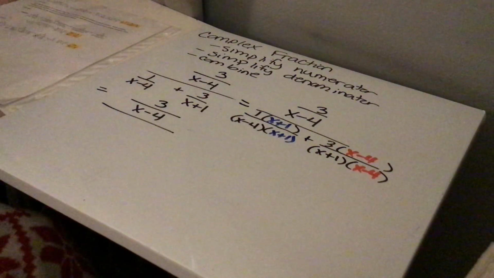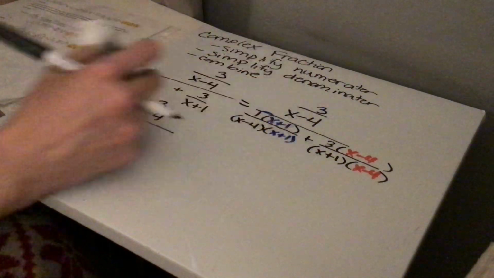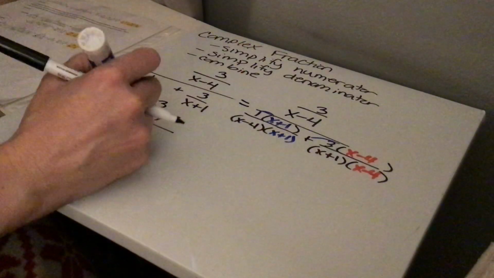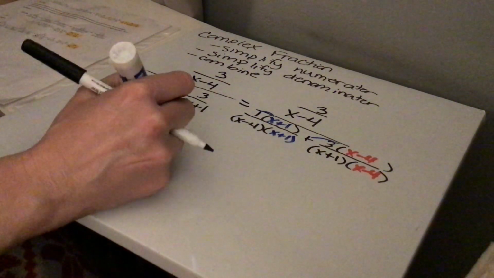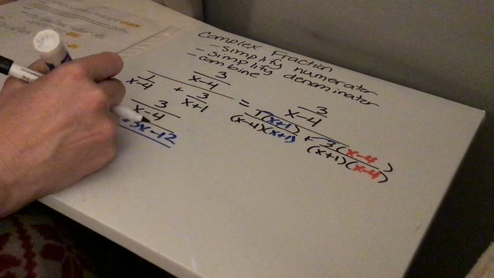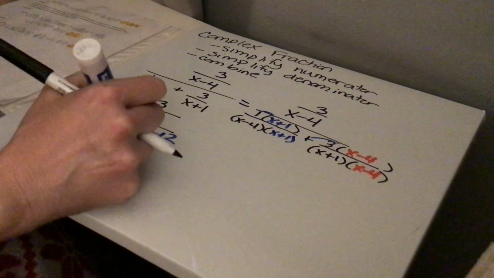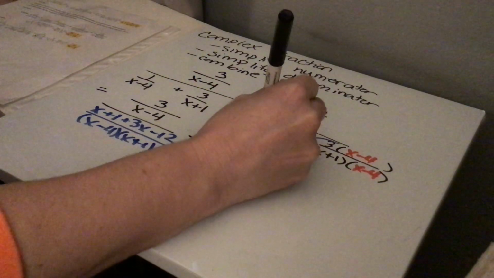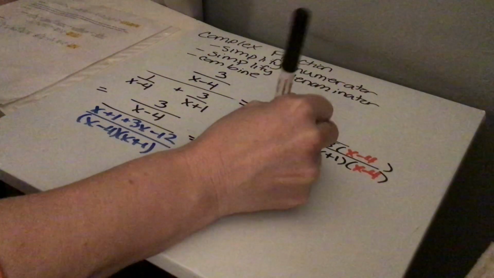So we get, in the denominator, distributing the 1, we get x plus 1, and distributing the 3, plus 3x minus 12, over (x minus 4) times (x plus 1). Still in the denominator. Okay, so it's 3 divided by (x minus 4).